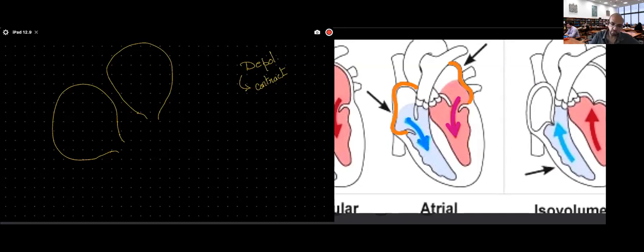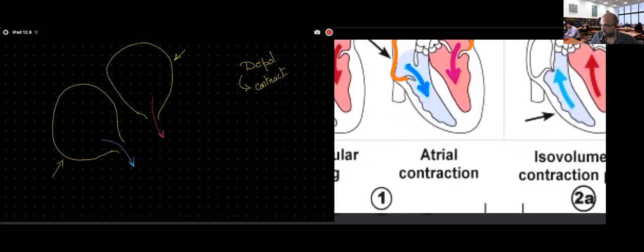So when I contract the atria, the blood that remained in the atria would be squeezed down to the ventricles. We call this phase my atrial contraction phase of the cardiac cycle.